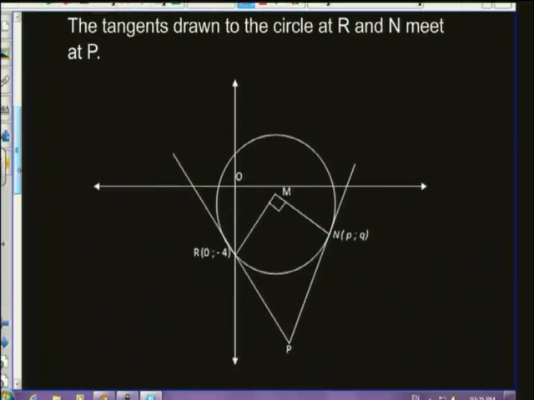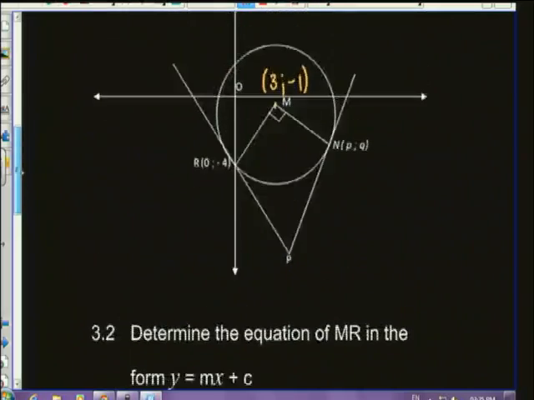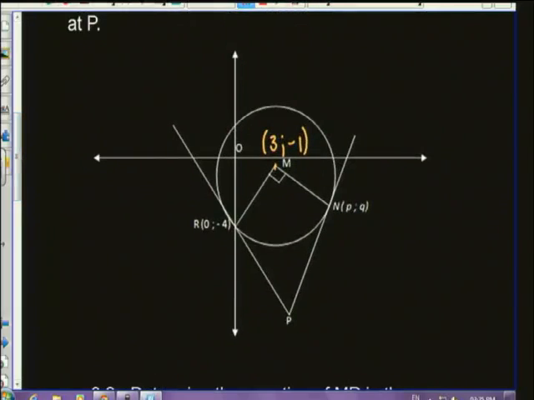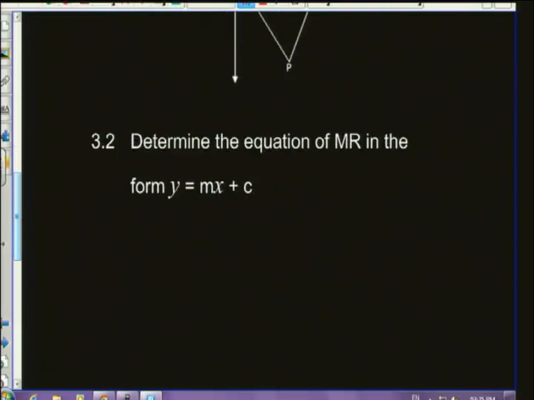Next question. So let me just write the coordinates of point M here. It's 3, negative 1. Right, what do they want us to do now? Determine the equation of MR in the form y is equal to mx plus c. MR is a radius from the center to the point R. In order to work out the equation of a line, we need to work out an m value and a c value.